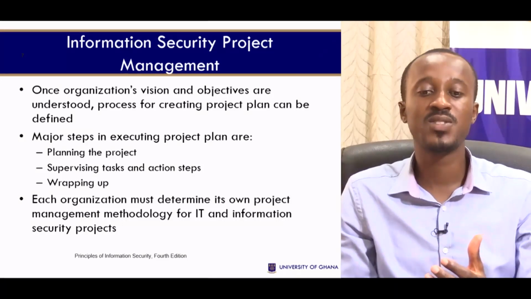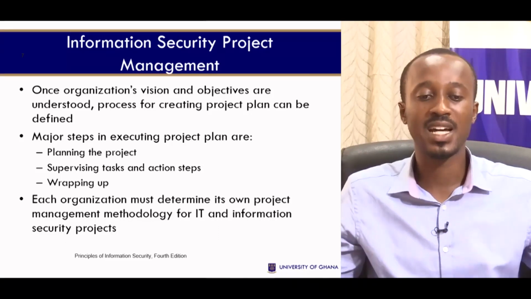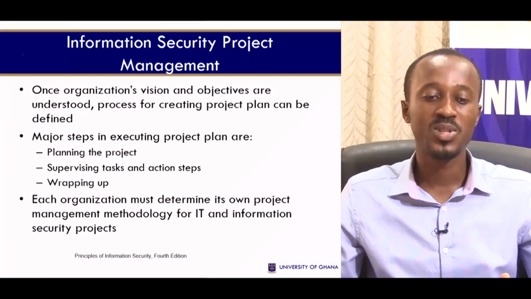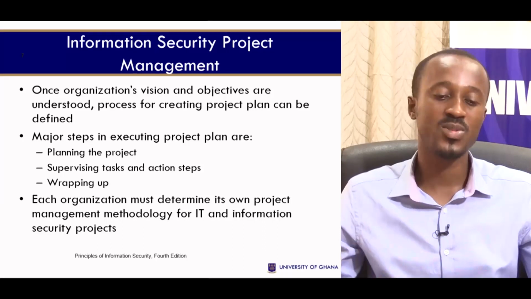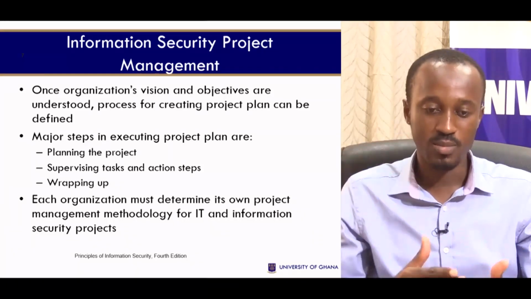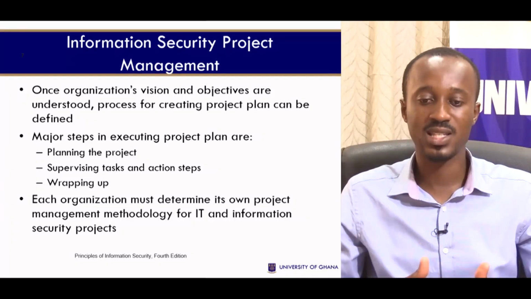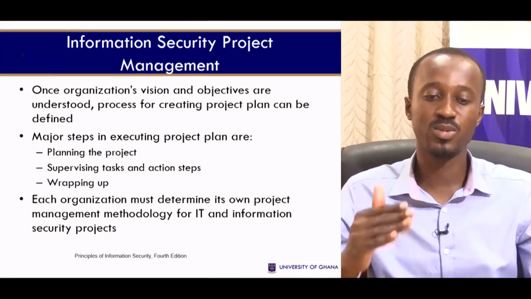Once the organization's vision and objectives are understood, the process for creating a project plan can be defined. The major steps for the execution are these: we plan the project, the supervising tasks and actions and steps are noted, then we do the wrapping up.